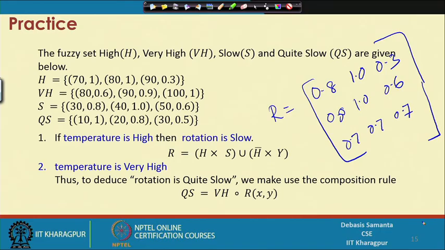So, it is given like this. Now, this R is available, so we have to obtain the Q S.